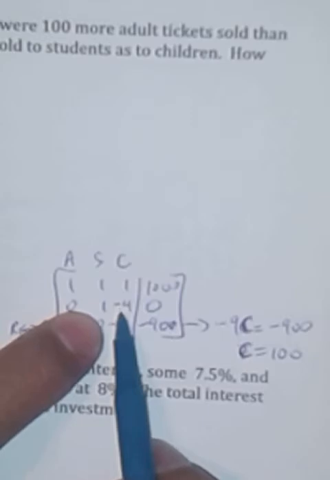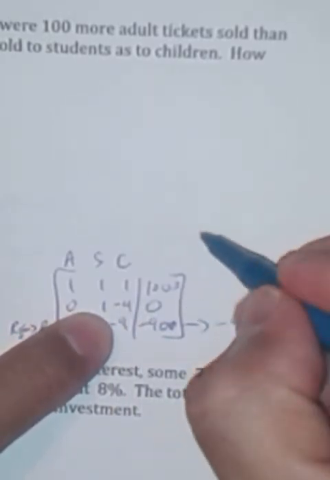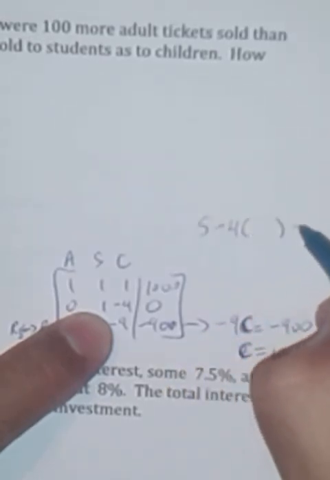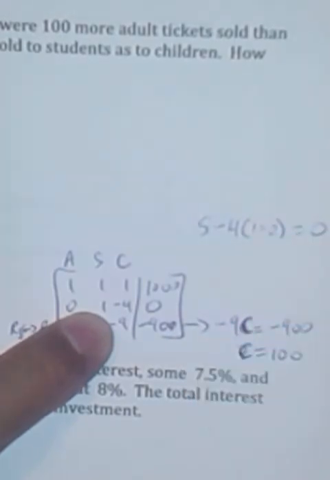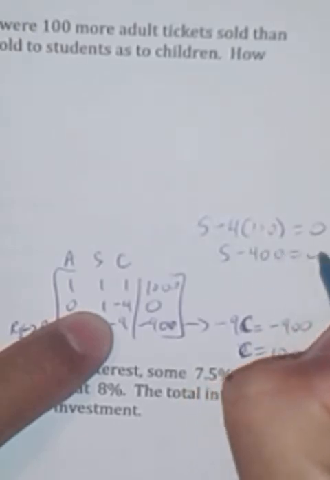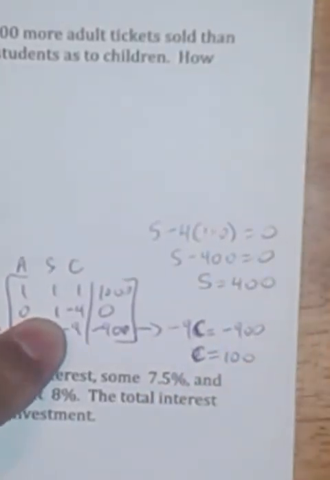Now I have S minus 4c equals 0. So I can write that equation like this. S minus 4 times 100 equals 0. And so I have S minus 400 equals 0. So S equals 400.